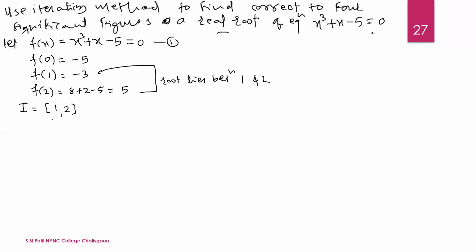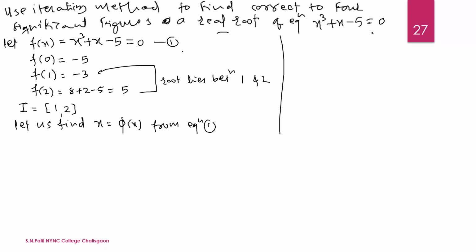Now we find the equation for the iteration method. We find the equation x is equal to phi of x. Let us find x is equal to phi of x from equation 1. Now here we have 3 possibilities. So the first possibility is here.